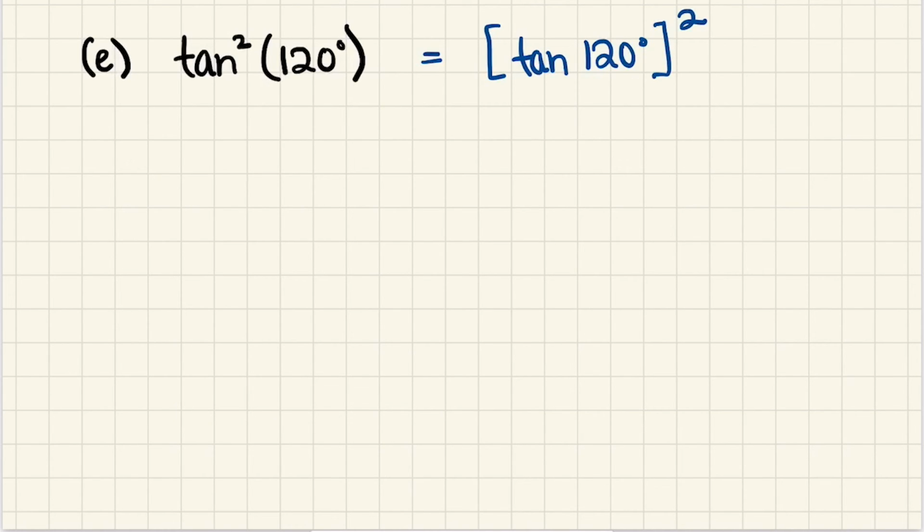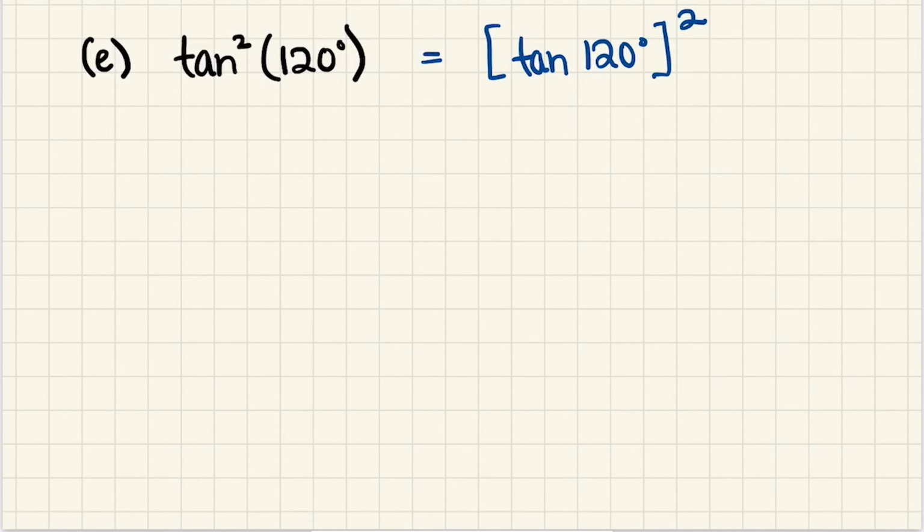So it basically means work out the tangent of 120 degrees, whatever that is, and then square your answer. Okay. Well, this is good news for this particular question, since all we're asking for is whether the answer is positive or negative. So whether or not tangent of 120 degrees is positive or negative, when we square it, it will become positive. So we actually can just say right away this is positive.